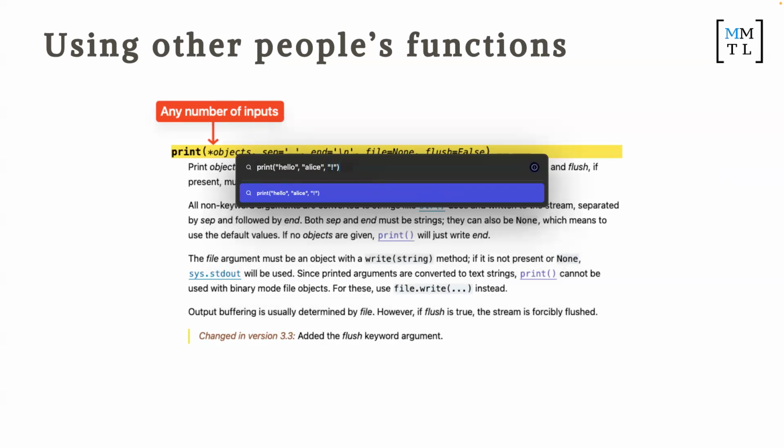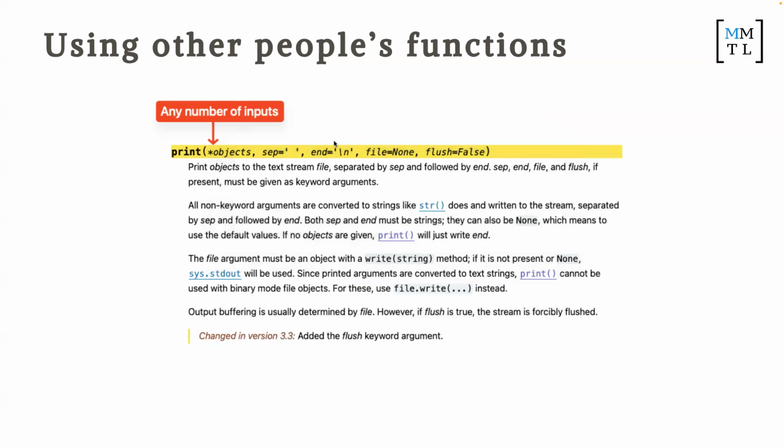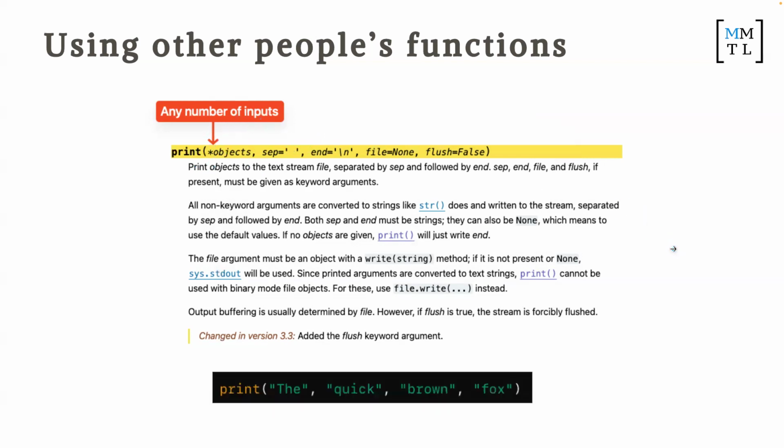Basically, what's happening here is that this star tells print to accept any number of strings, and it's fine. So it doesn't have to be one thing, it can be any number of things. So this will join together as print hello Alice exclamation mark. We won't write functions like this, but just in case you see someone else's definition with the star, that's what it's referring to.